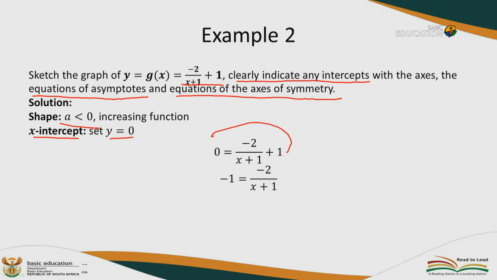We cross multiply there, and we are going to get negative x minus 1 equals negative 2. We solve for x, and we get x equals 1. So it means that our x-intercept is going to be at the point (1, 0).